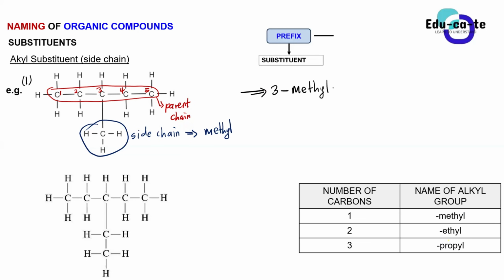And looking at the homologous series this belongs to, we've already identified earlier on that this is an alkane, because it's a hydrocarbon. It has got single bonds between the carbon atoms as well. So we must end with the suffix ane. So this is 3-methylpentane. That's how we name it.